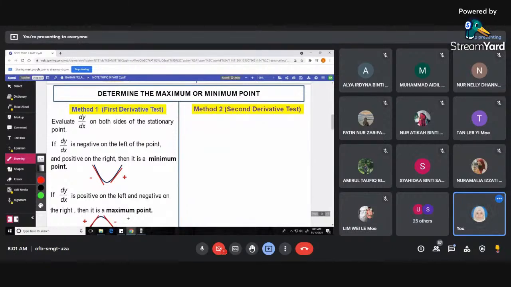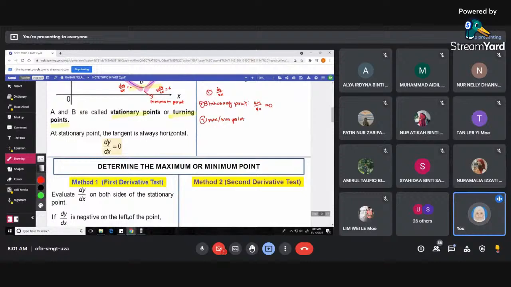So determine the maximum or minimum point. They have two methods. The first method is first derivative test, and the second method is second derivative test. So they have two methods, so you must be careful. Before find the maximum minimum point, you need to find the stationary point. This is very important. This method only to find maximum or minimum point.